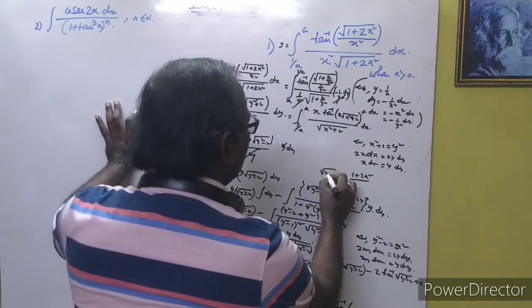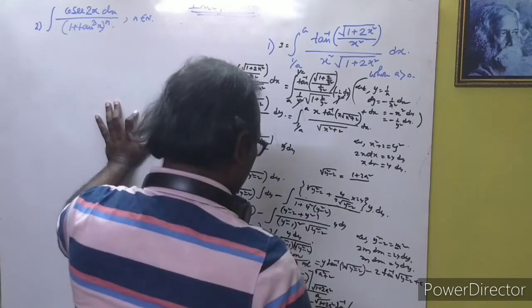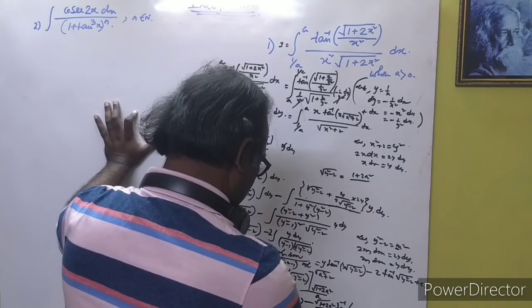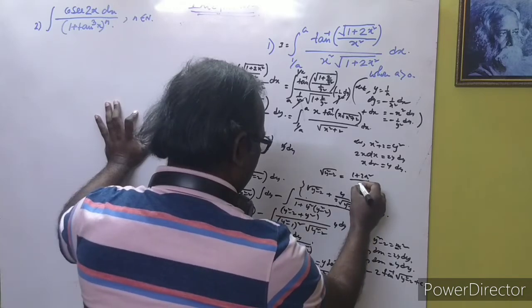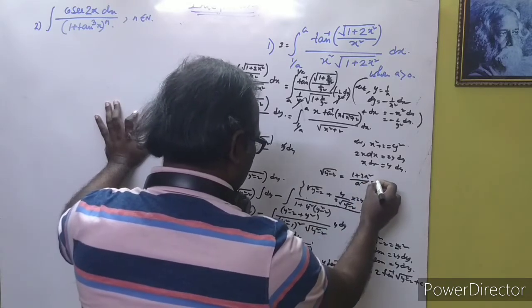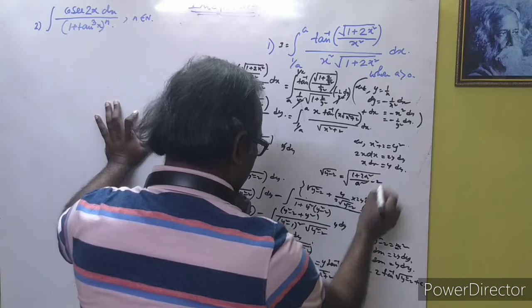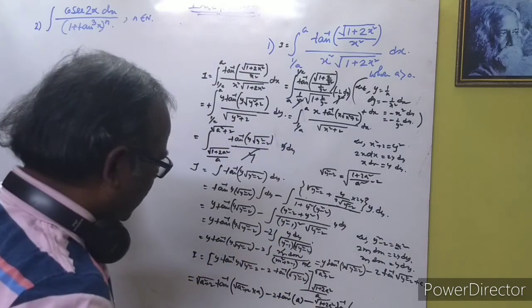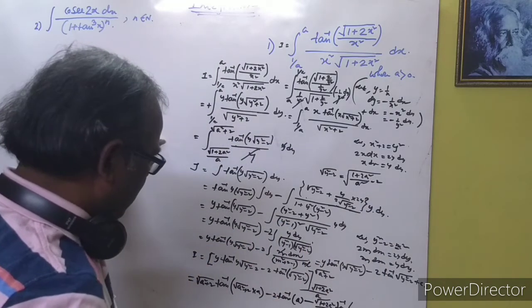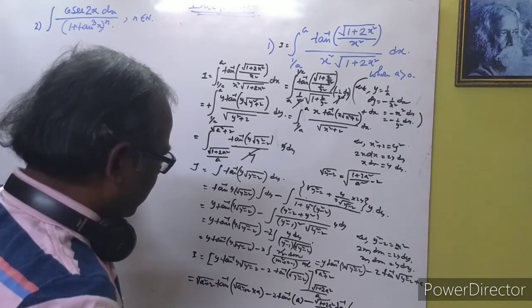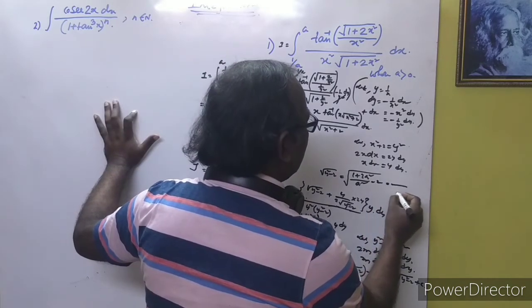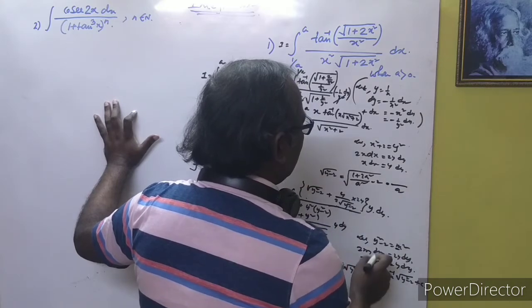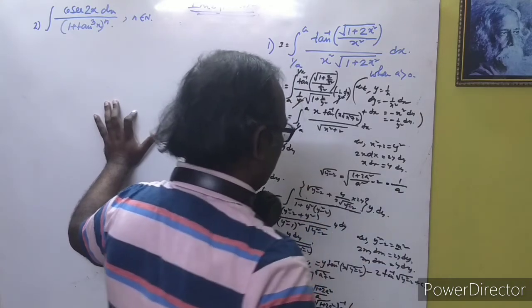In place of root over y square minus 2, that is 1 plus 2a square by a square, minus 2. Take the LCM here, 2a square. So this is 1 by a.